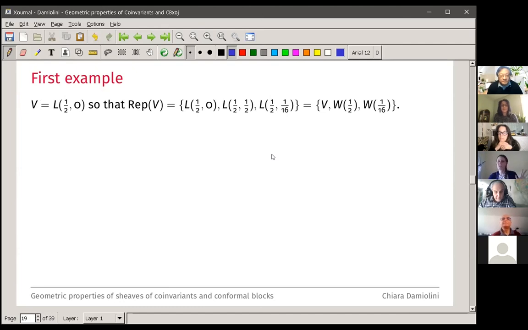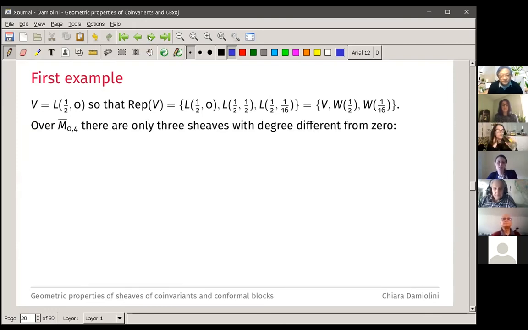So we know everything about the conformal blocks. We know how to work with the coinvariants explicitly. So this was a very good place to start thinking about examples. On M_{0,4}, so this is just P^1, there are only 3 sheaves of coinvariants where the degree is different from 0.